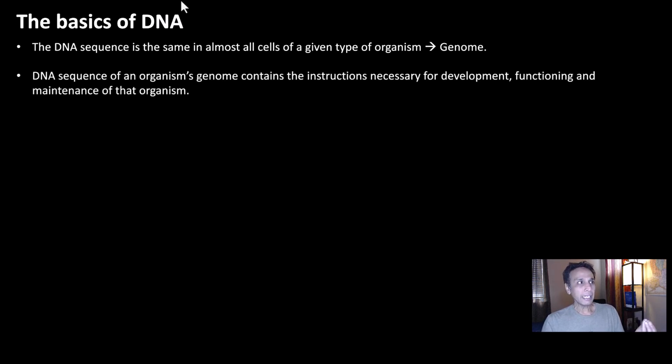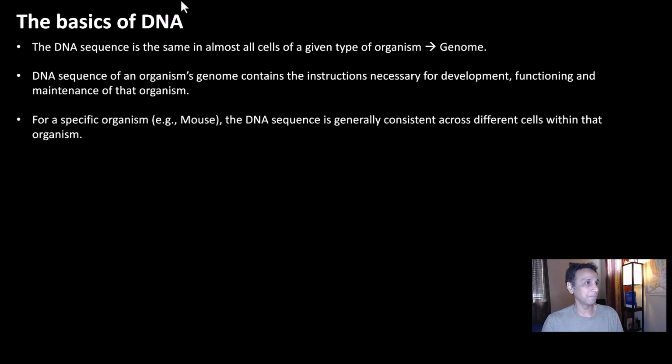And the DNA sequence of an organism's genome contains instructions for the development, you know, hey, this is skin, so go ahead and generate some skin and so on. Generate red blood cells if it's in a bone marrow. So the organism's genome contains the instructions to develop and function and maintain that specific organism. Again, mouse, humans, you name it.